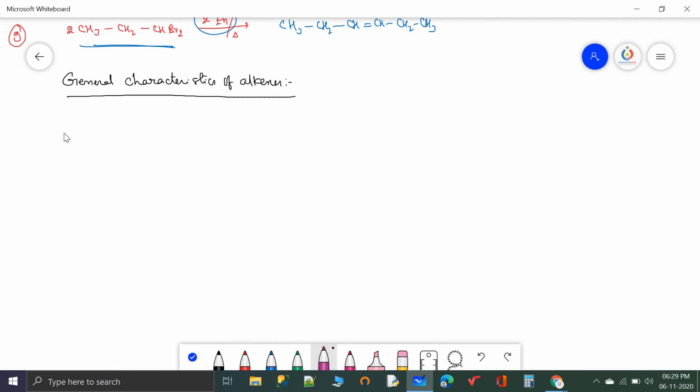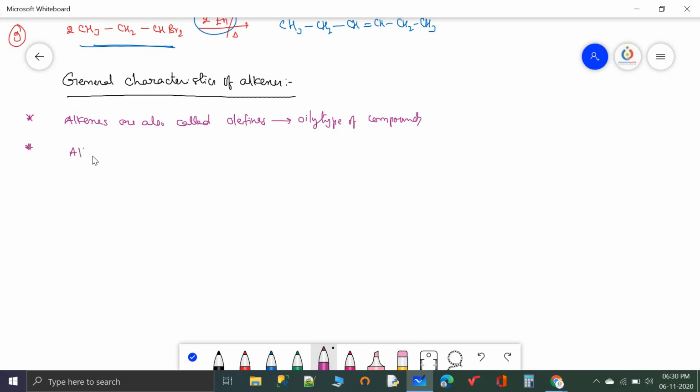We know that alkenes are also called olefins. The reason is that these are oily types of liquids, oily types of compounds. That is the reason why these are called olefins.